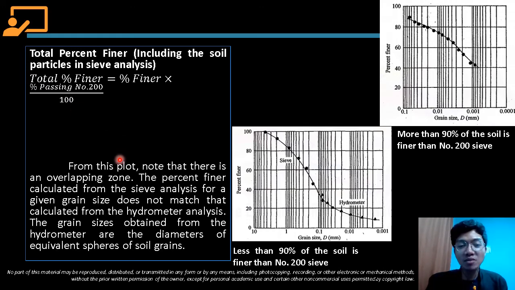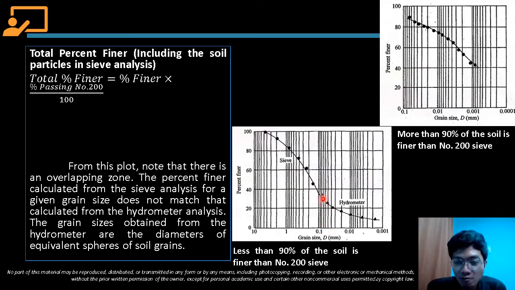So class, from this plot, note that there is an overlapping zone. Nagkakaroon, class, ng overlapping zone dito, banda dun sa may number 200, at yung mga malalapit na diameter banda dyan. So class, the percent finer calculated from the sieve analysis for a given grain size does not match that calculated from the hydrometer analysis. Banda dito, class, hindi nagma-match, let's say for 0.075 millimeter, yun yung sa number 200.